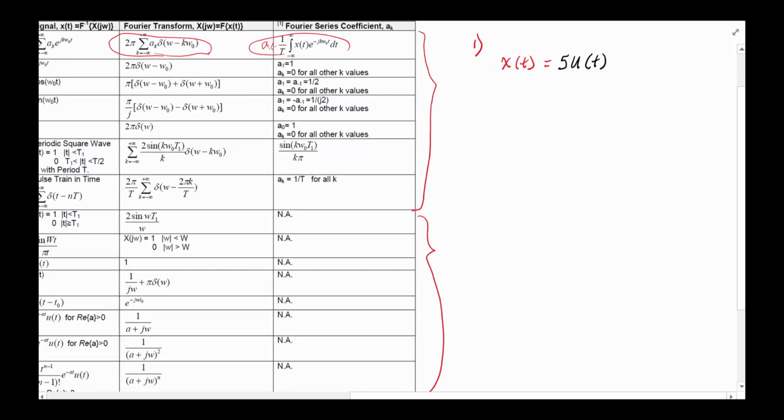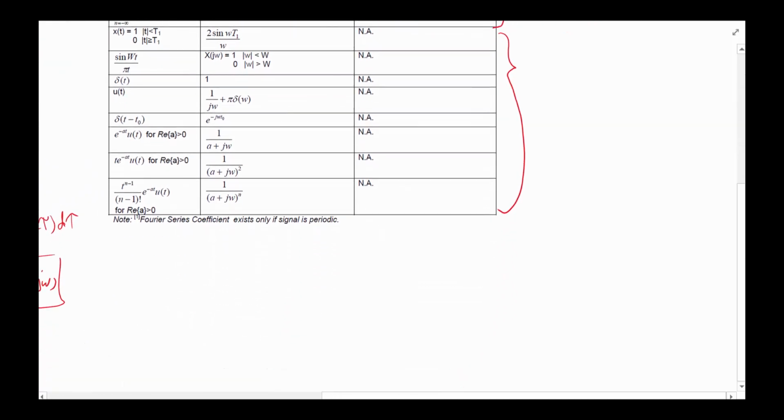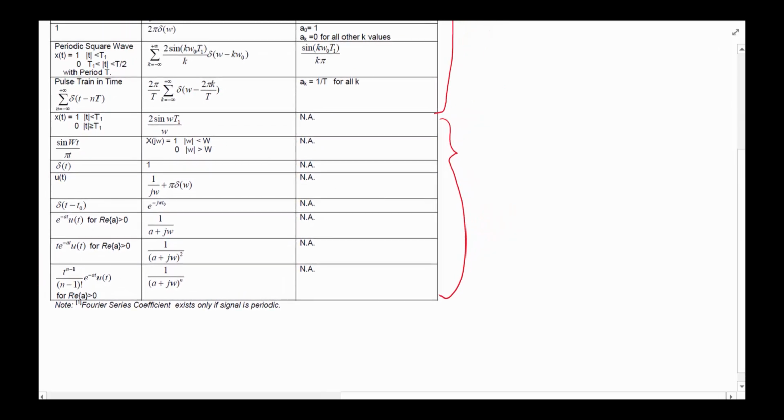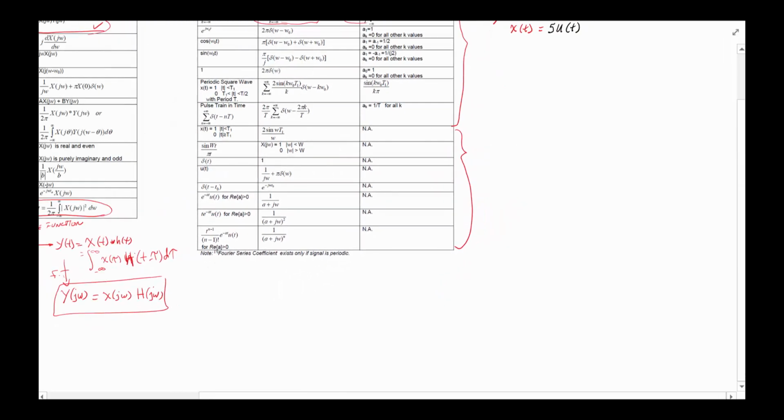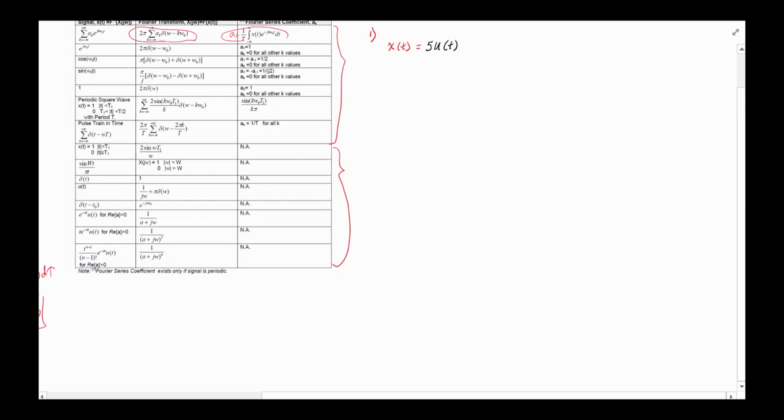That's really easy, because I look up here in my table and it says, oh, u of t is simply 1 over j omega, right? All I'm going to do is look over here. So this says, okay, if you want the Fourier transform of x of t, that's X of j omega.